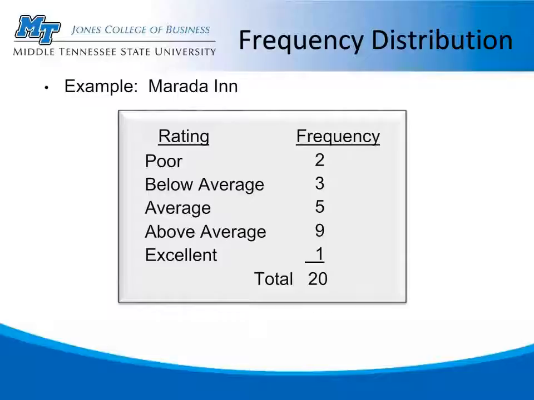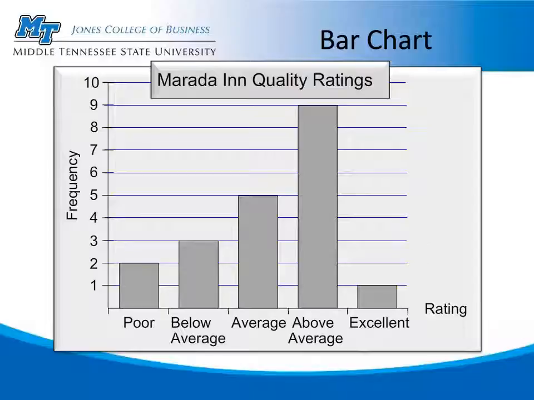The 3 divided by the 20 would be 0.15, which you could also say is 15%. But anytime you have a frequency distribution, you can easily convert it into a relative frequency distribution or into a percentage distribution.